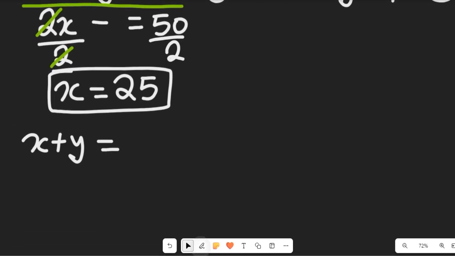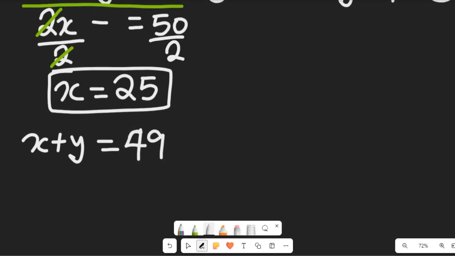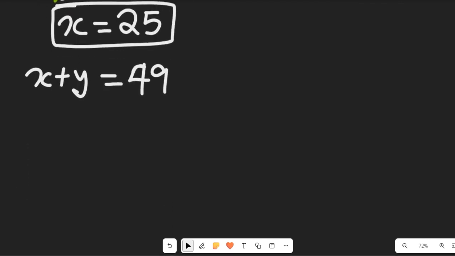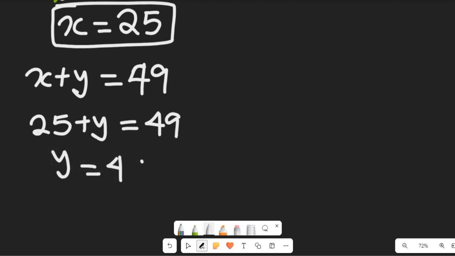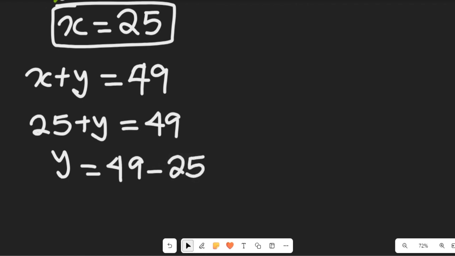So if we simplify that by putting the value of x equal to 25, you come to see that 25 plus y will be equal to 49. So the value of our y will be equal to 49 minus 25, because we are going to subtract 25 from both sides.